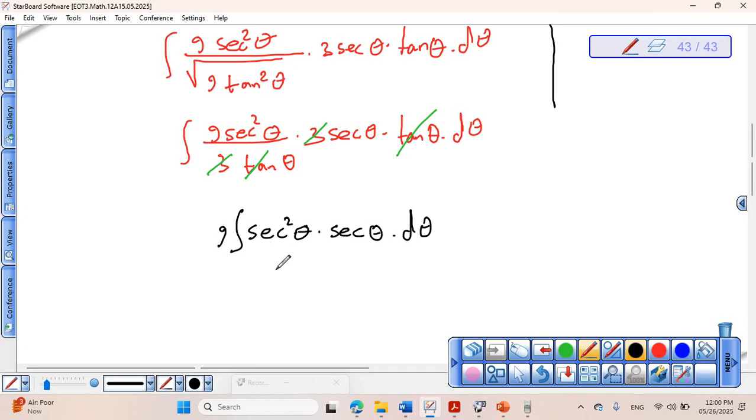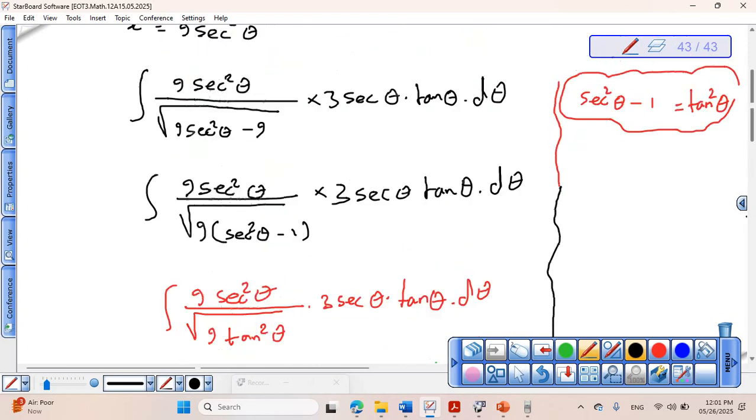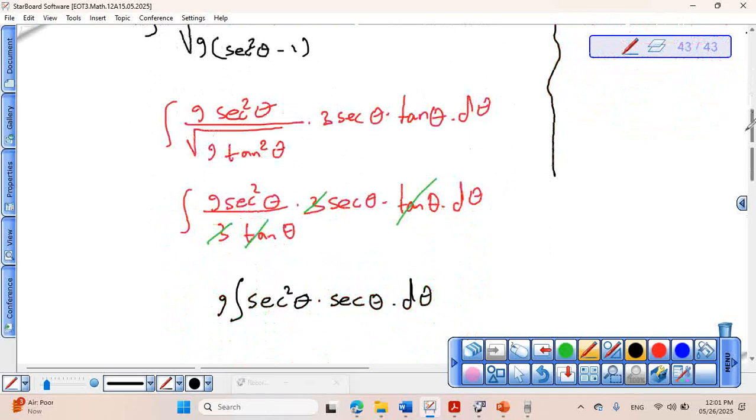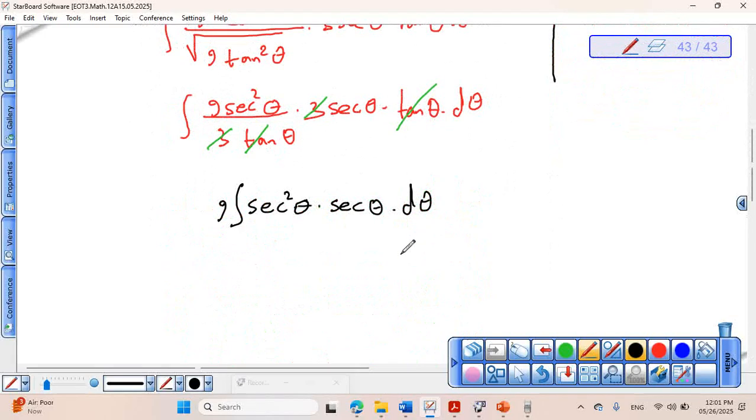Sec square equals tan square plus 1. So this is 9, the integral of tan square theta plus 1 times sec theta d theta.